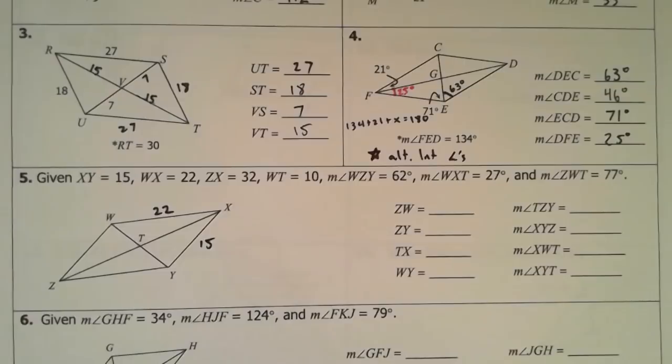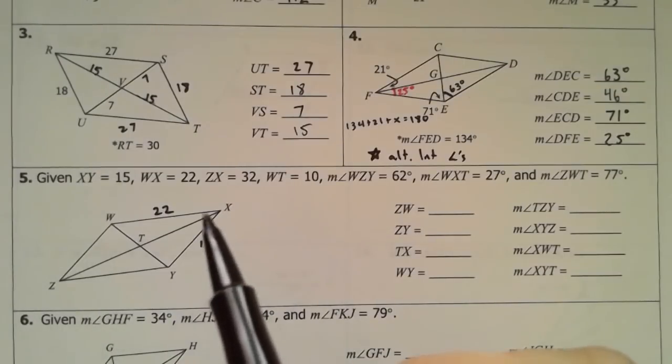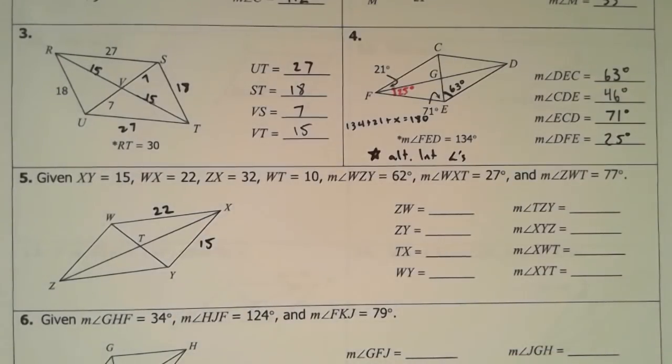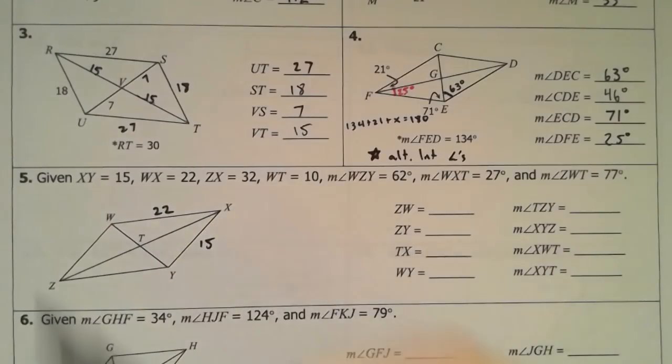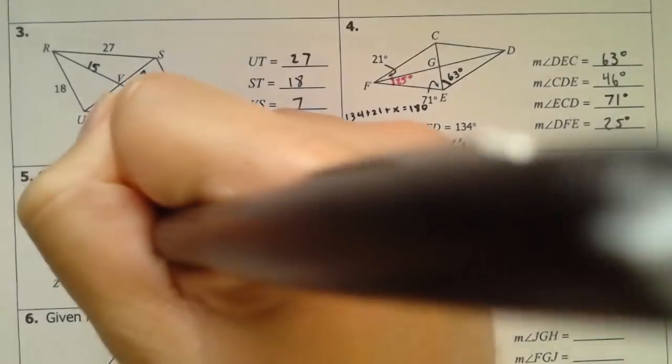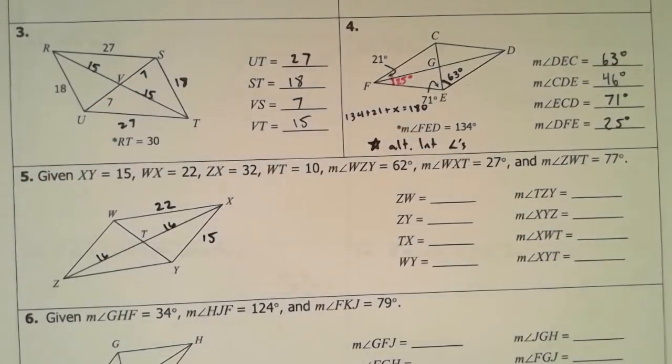I won't write that in because I don't want to make things sloppy here, but maybe we can write in the bisected segments instead. So if the entire thing is 32 and we have a bisection here, then each thing here has to be half of 32. Half of 32 is 16. So this side here is 16, this side here is 16.